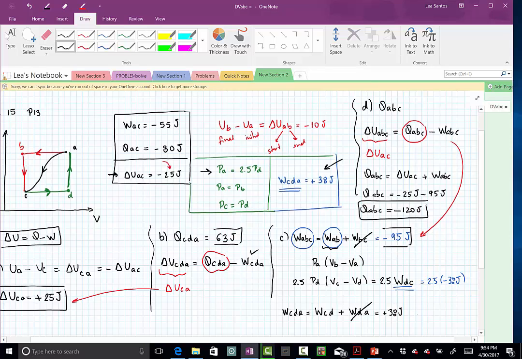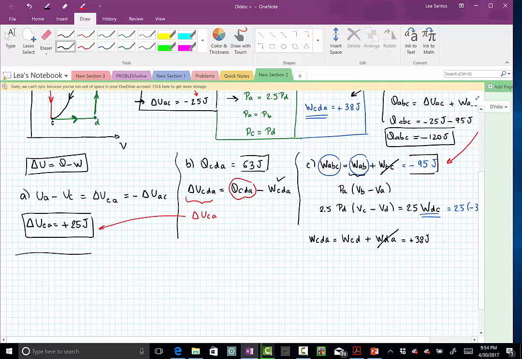Okay, so in question E, they are referring to this value that they gave us, this UB minus UA. So let me write this here. In question E, they are referring to this UB minus UA, which we know is delta UAB, which is minus 10 joules.